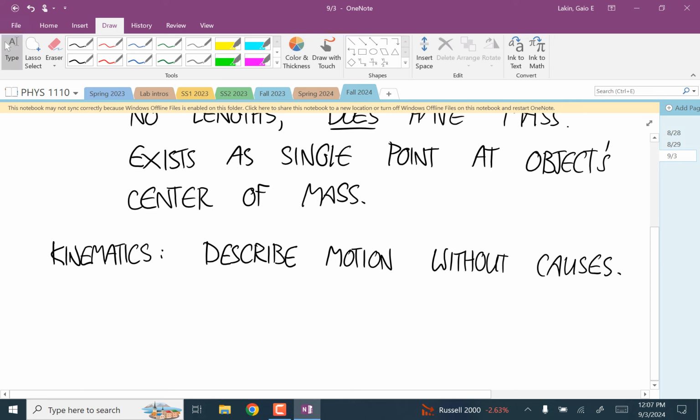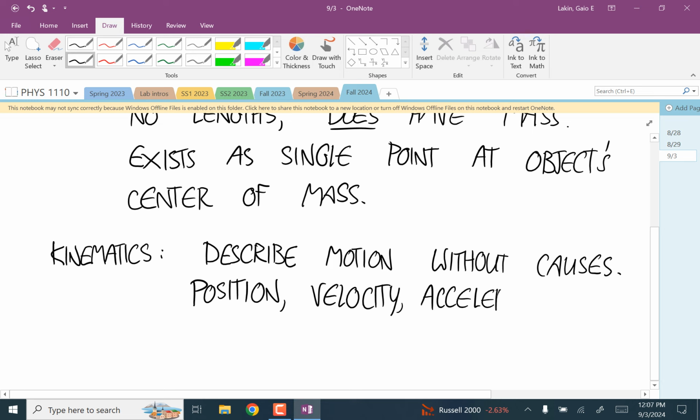And so in kinematics, the variables that we're going to be concerned with mostly are position, velocity, acceleration, and time. Okay, we're not going to have any forces, masses. Those are the things that cause motions, and we'll talk about those later.